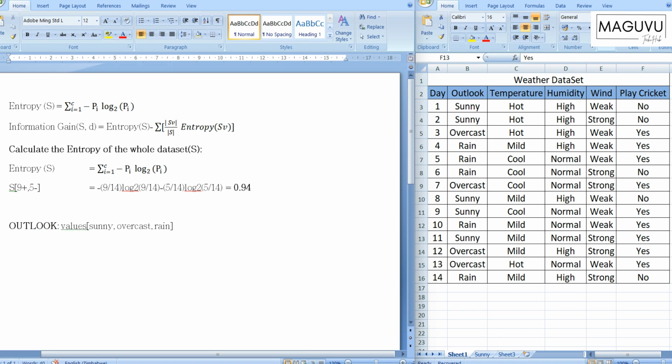So let's go ahead and look at the subset sun, and let's look at the proportion of sun. If we count the number of rows or days in which sun appears, we'll see that we've got 1, 2, 3, 4, and 5, a total of 5. However, out of the total of 5, we also want to consider how these 5 days contributed to playing cricket or not.